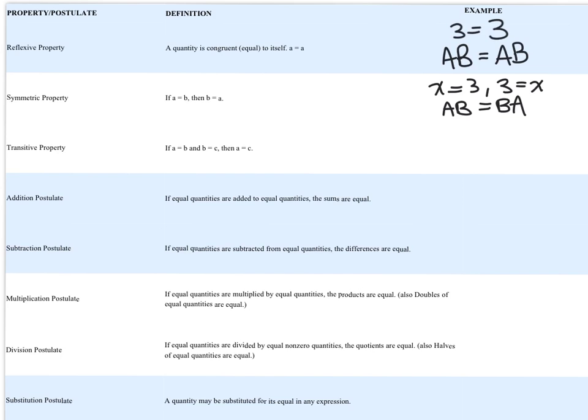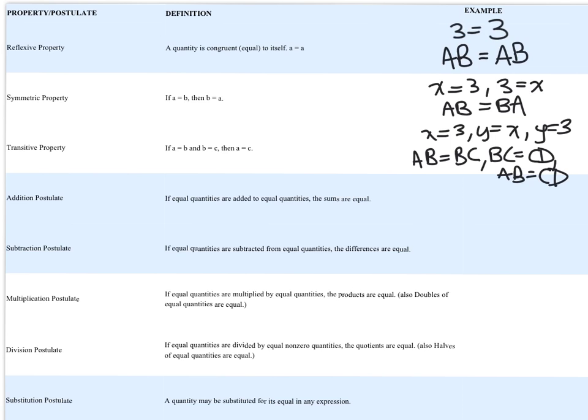The transitive property, if A equals B and B equals C, then A equals C. Well, again, in terms of algebra, we would say if X equals 3 and Y equals X, then Y must equal 3. In terms of geometry, we would say, well, if AB is the same length as BC and BC is the same length as CD, then AB must be the same length as CD, and that's going to be our transitive property here.